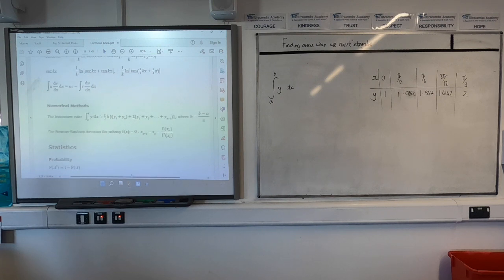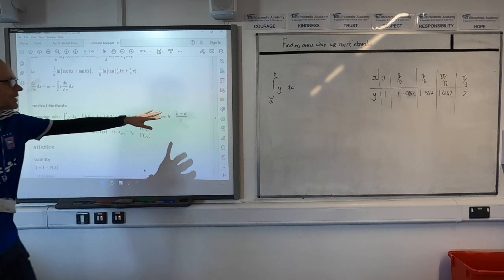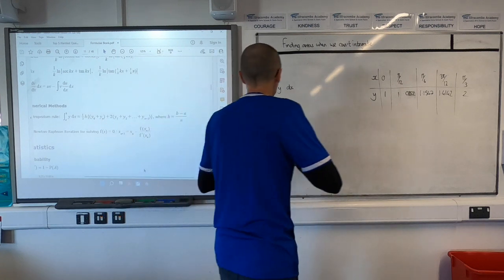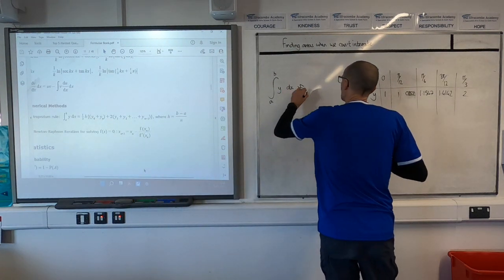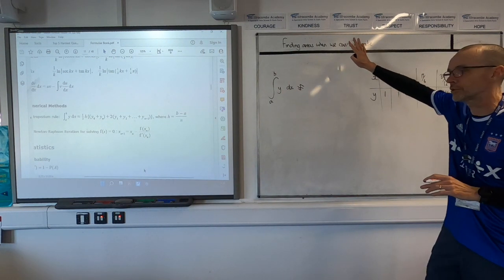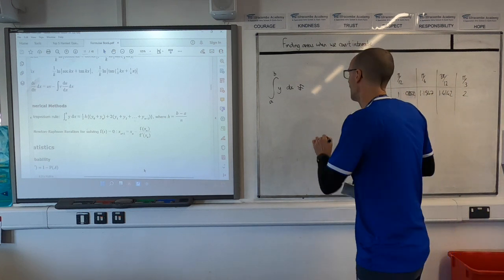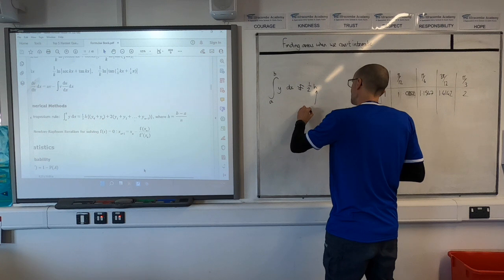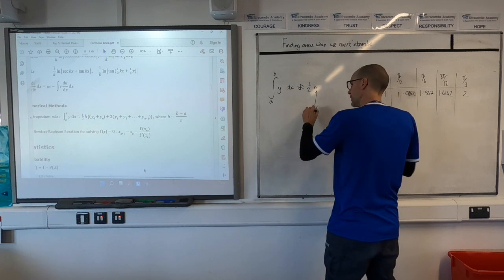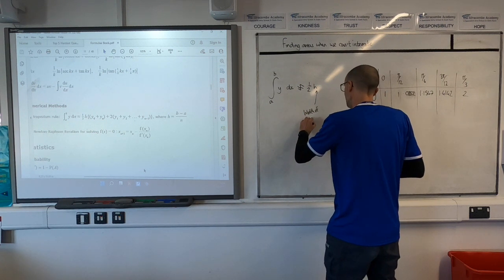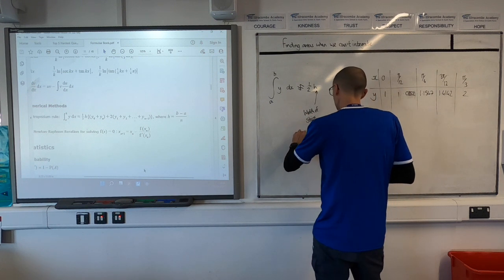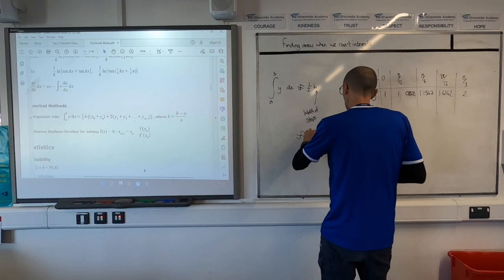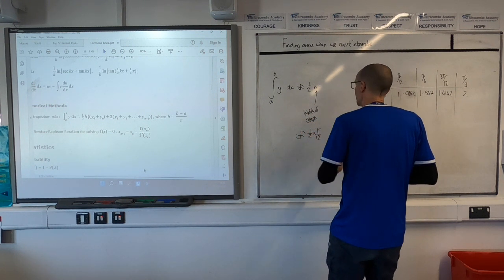Looks a bit scary. All this nonsense here. What it means is this, and it's approximately, because the trapezium rule allows us to work out an approximate area. It's a half of h. H, if you remember, is the width of the strips that we broke it into. So in this case, that's going to be a half times pi over 12.